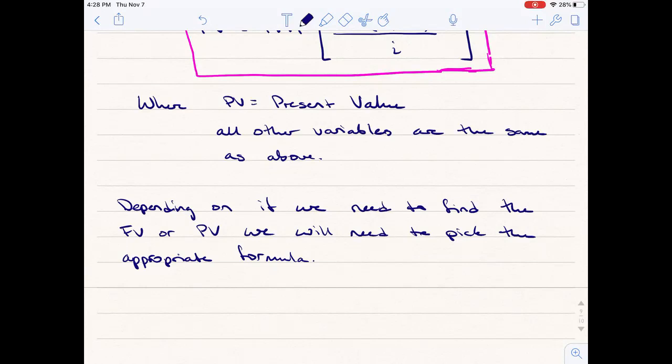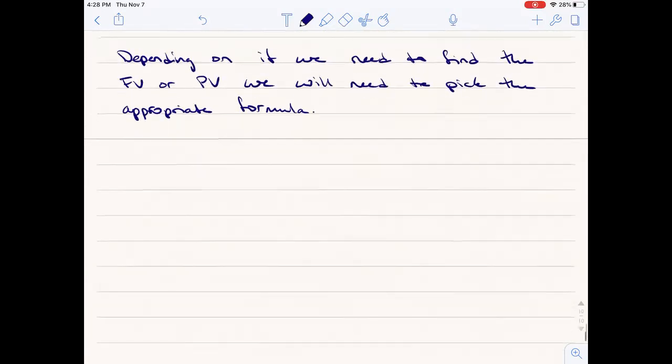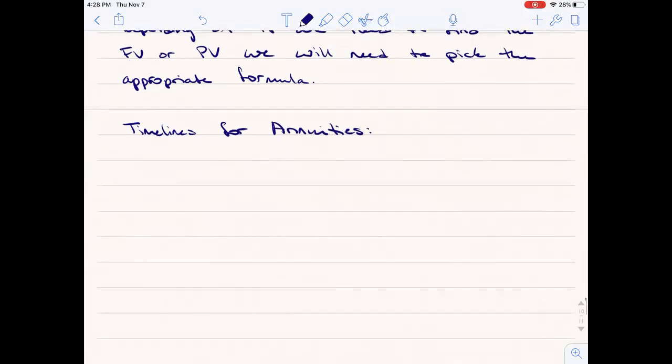For these annuity timelines, what I want to see is the first 3 ticks and the last 2 ticks at minimum. I'll go for the minimum when I do mine, and that's fine, but I don't want to see any less than that.